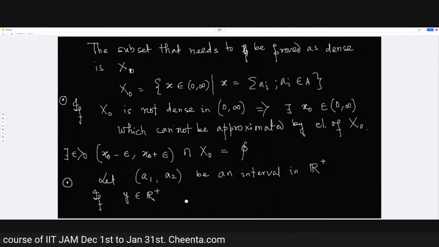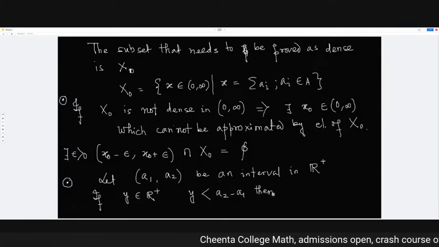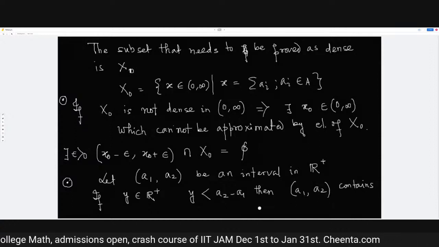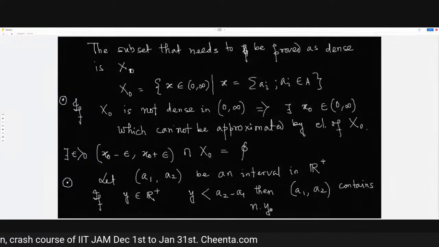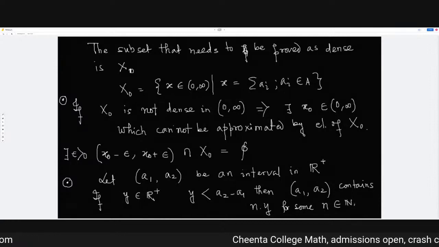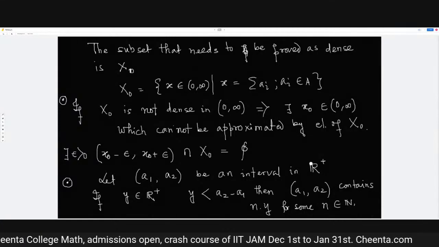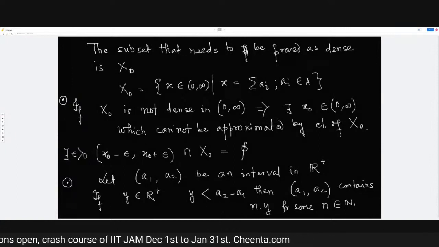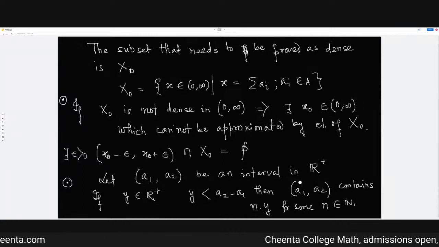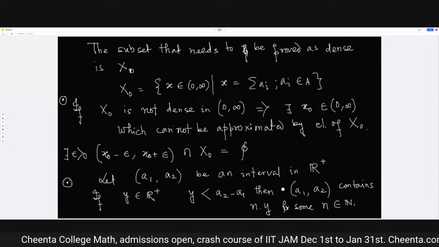If y is less than a2 minus a1, then (a1, a2) contains n times y for some natural number n. This is one of the very crucial observations that you have to make here. If you take any interval and a positive real number less than the size of that interval, then there exists a natural number n such that n times y will be inside that interval.